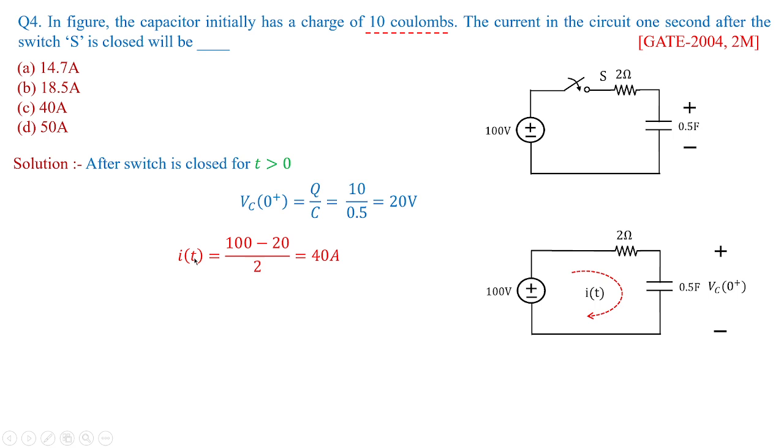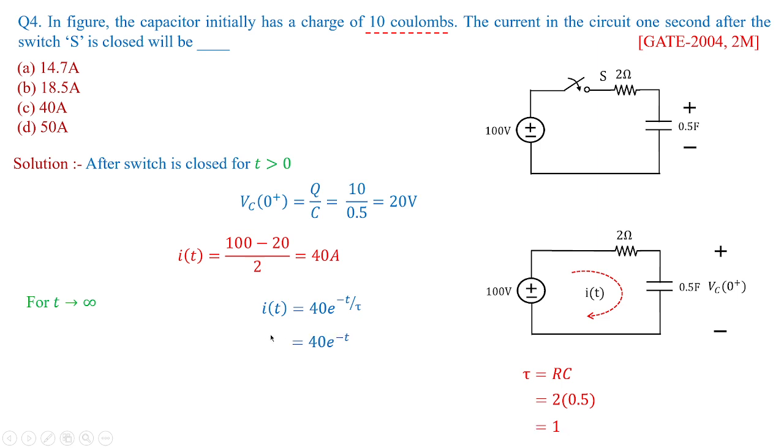Once I get the value of current, for t greater than 0, the current will be discharging, and its equation would be I of t equal to 40 e to the power of minus t by tau for an RC network. What is this tau? Tau is the time constant of the RC network, whose value is resistance 2 times capacitance 0.5, so the value of tau is 1.